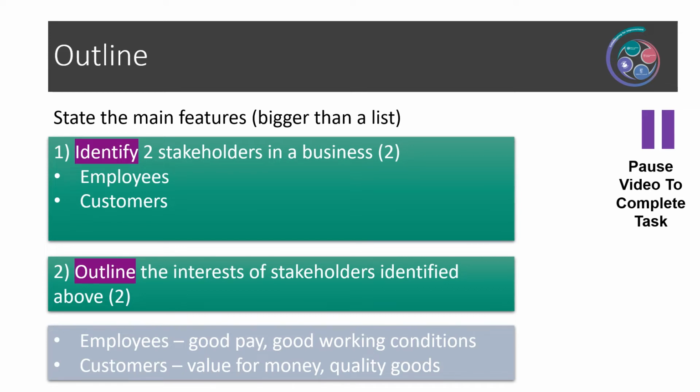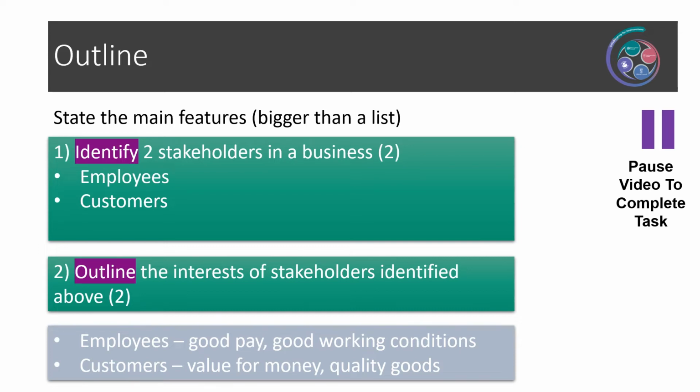Now, if you, in this circumstance, say the question was identify and you went on to outline, you would still pick up the marks using a technique like this. However, if it was the other way around and you were asked to outline the interests of stakeholders and you just gave a list like employees and customers, you wouldn't get the mark.